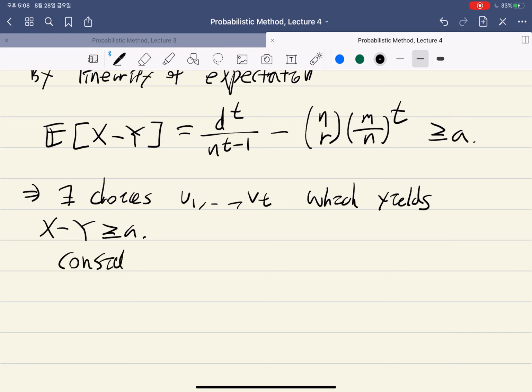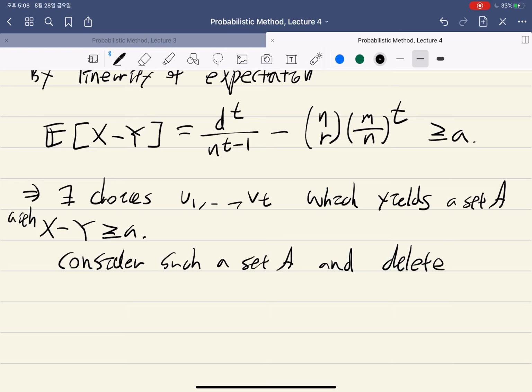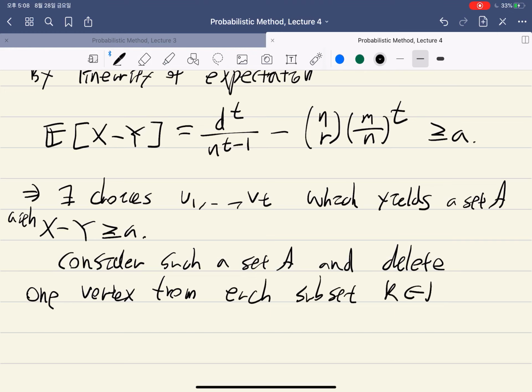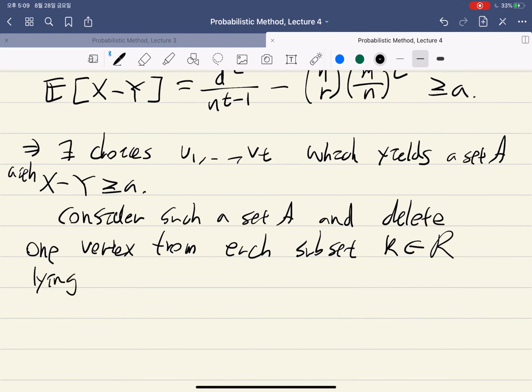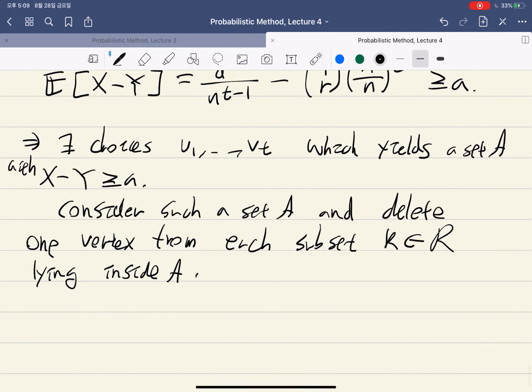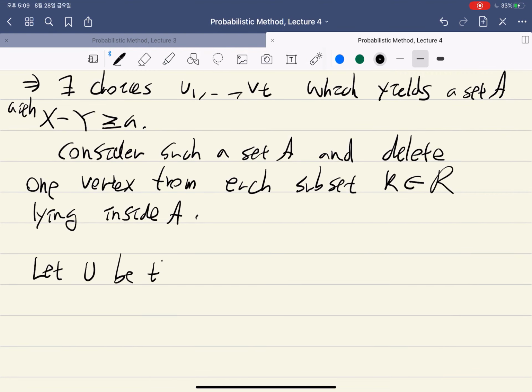And we consider such a set A. We delete one vertex from each subset R which lies in this script R, lying entirely inside A, and let U be the set of remaining vertices.